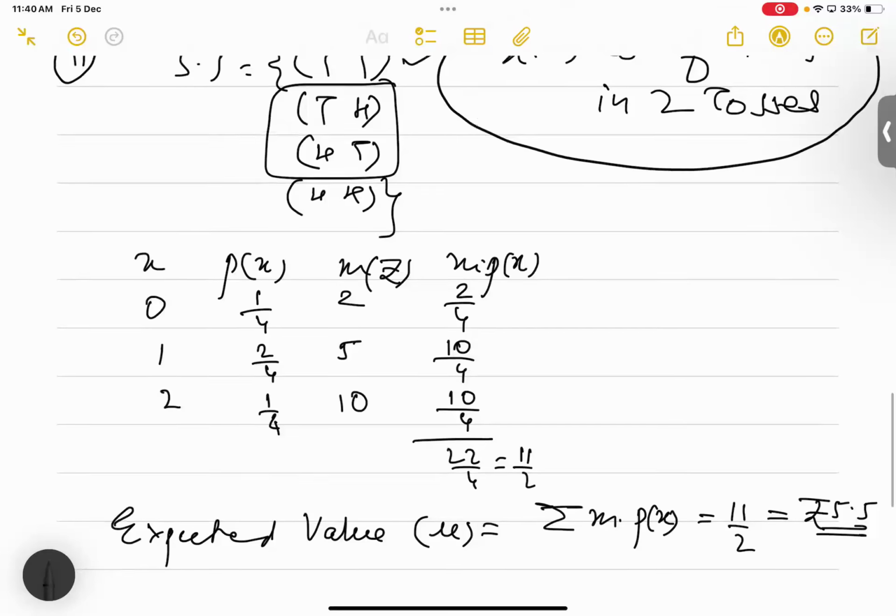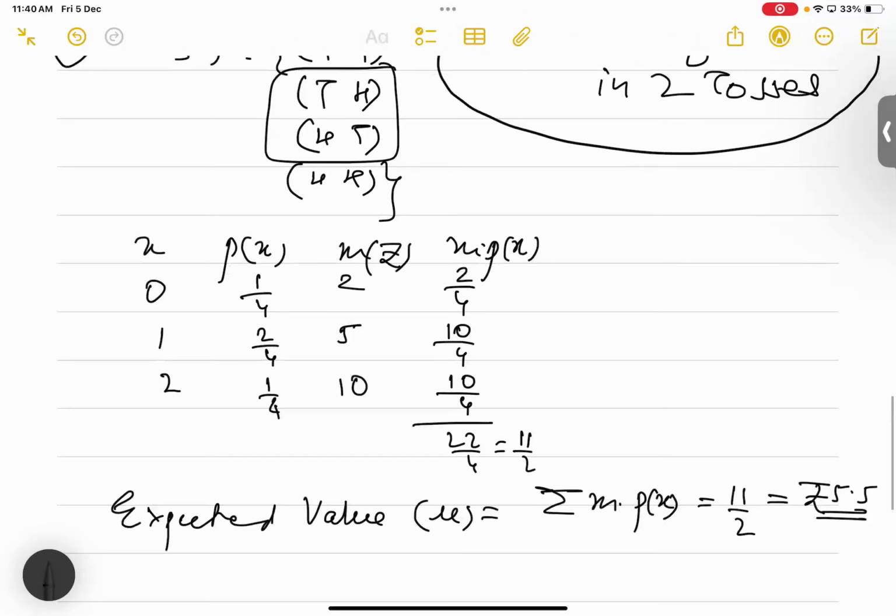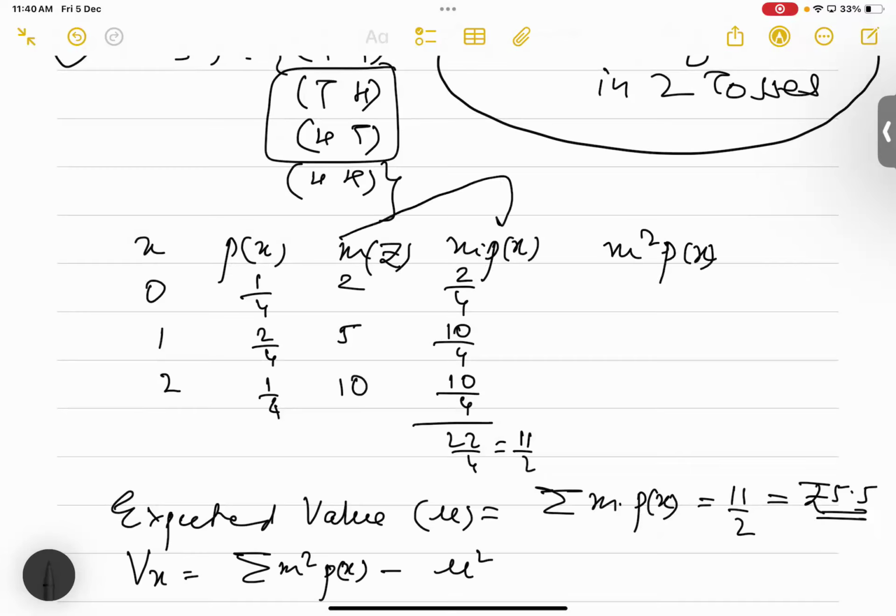Now variance. Variance of X is summation M square PX. Don't write X square PX. Write M square PX. So M into MPX, this is a multiplication of two columns.